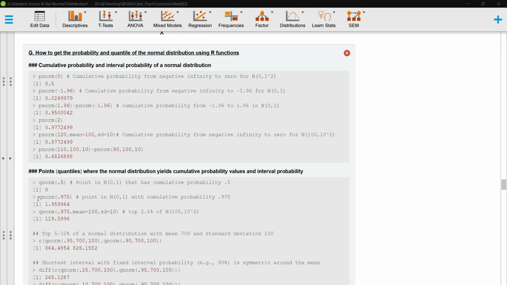And for the cumulative probability of 97.5% or 0.975, where is the location? So that location is 1.96, just like this one. You remember that? Exactly this one. So we lost the number, but it is what it is, right?